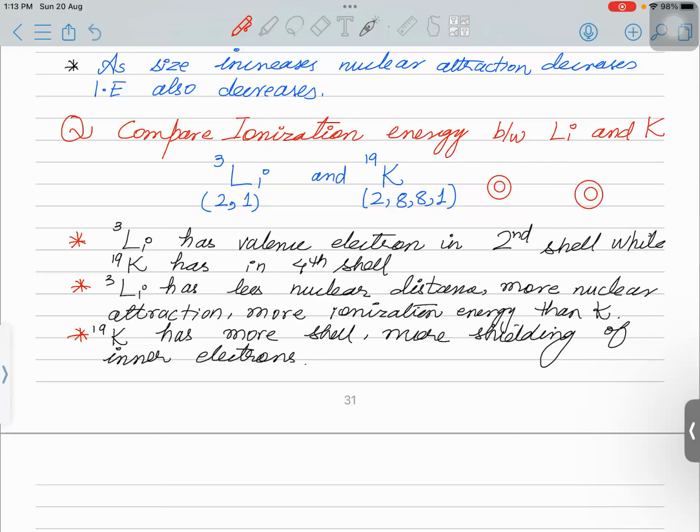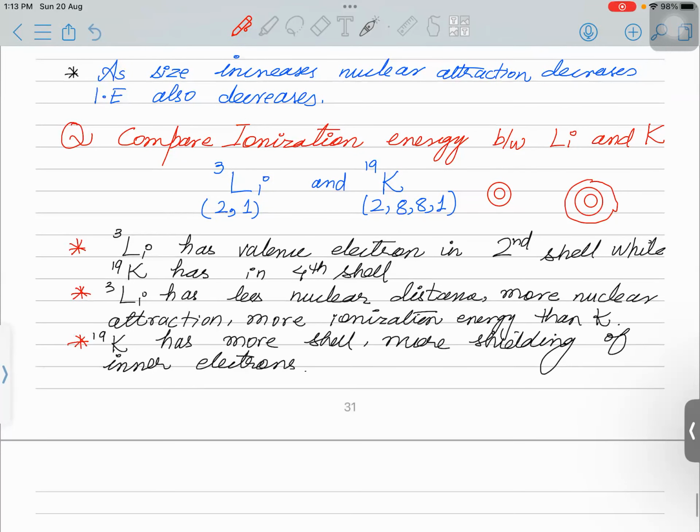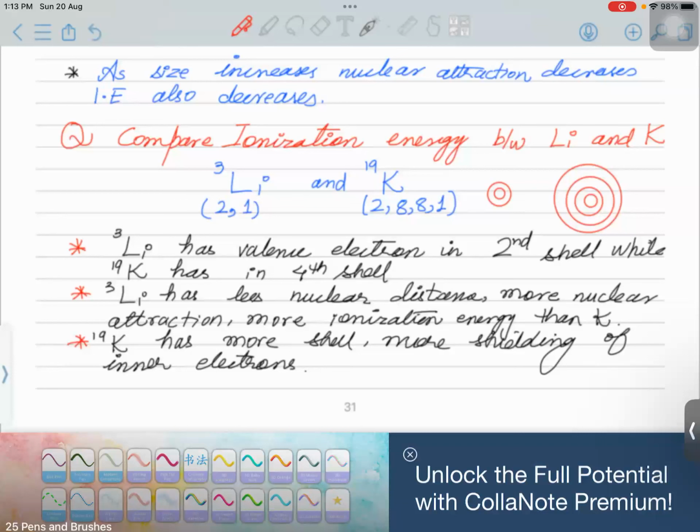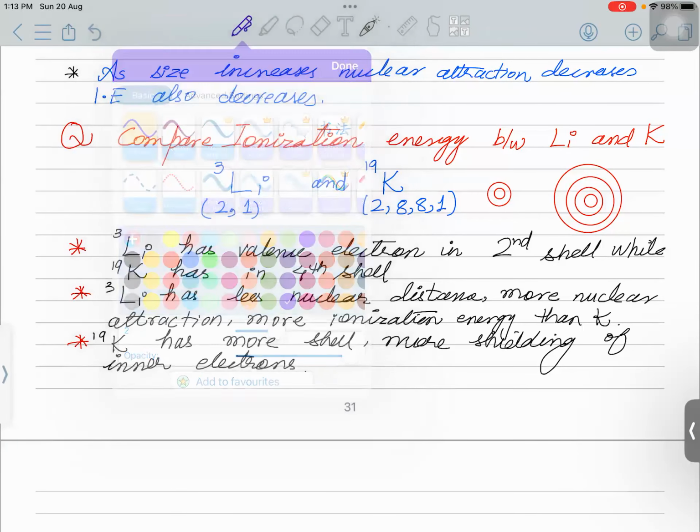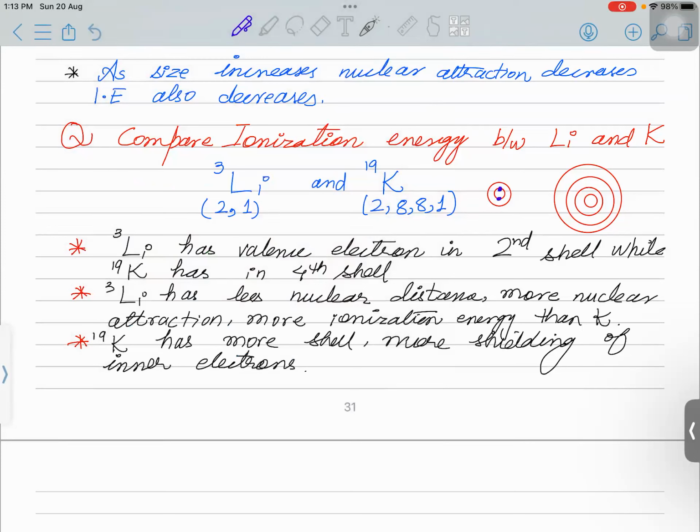Here we have the second shell, the third shell, and the fourth shell. Here we have 1, 2, 3, very little nuclear distance.